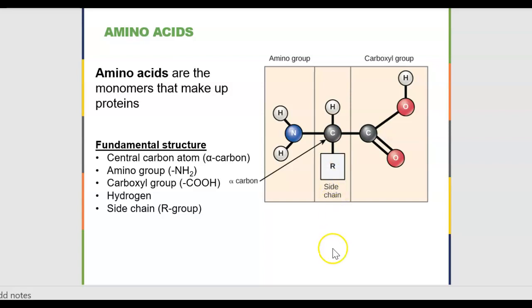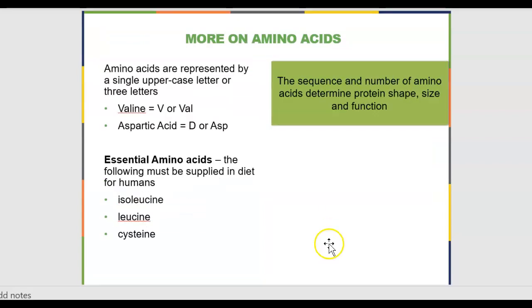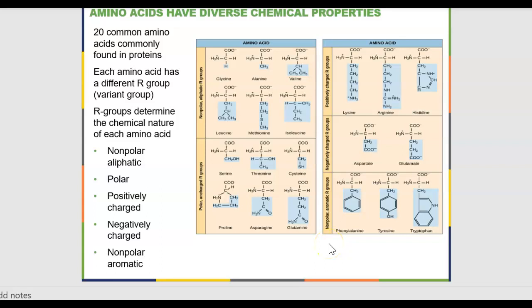So we're going to look at these just briefly again. Here's the different amino acids. There are 20 that we typically talk about here, with some of them being non-polar and aliphatic. Remember what that means. Some of them being polar, some of them having positive charges.